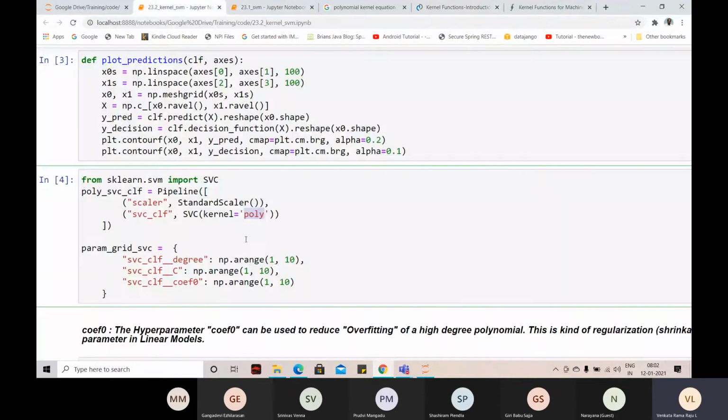That coef0 will work as a regularization parameter in the polynomial kernel. What is a regularization parameter? How will it help the model?